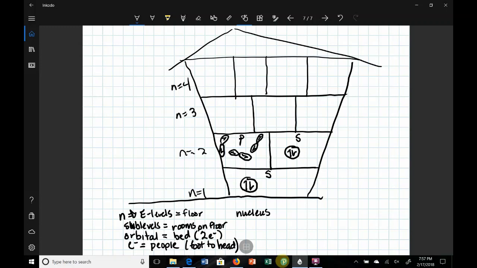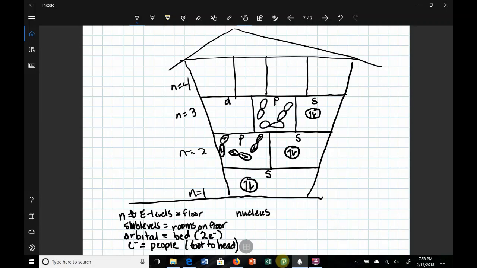As we go to the third floor, we have an s room, a p room, and a d room. Now, in the s room, we've got s orbitals that we know can hold 2 electrons. We've got those p orbitals that each orbital can hold 2 electrons.